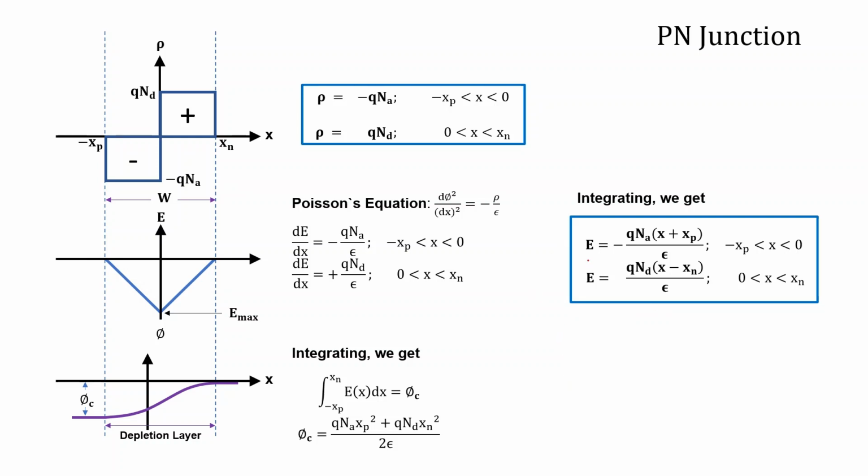First we will integrate E dx from minus xp to 0, and then we will integrate from 0 to xn, and then we will add them up, and you will get the total potential phi.